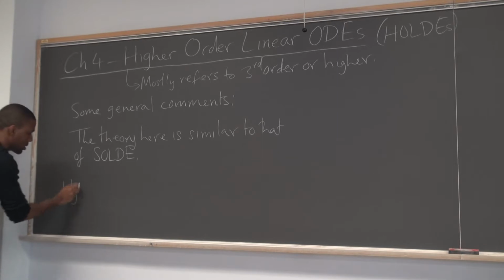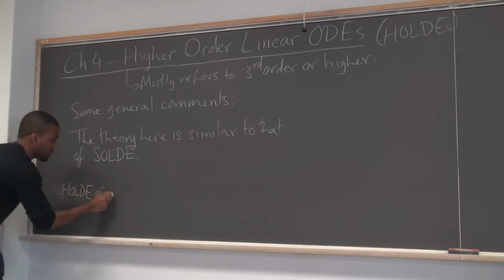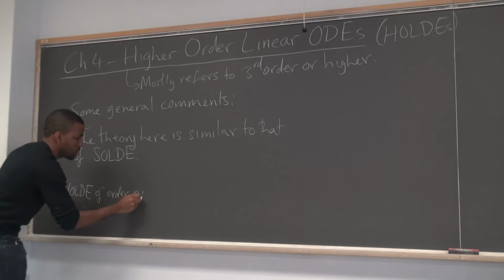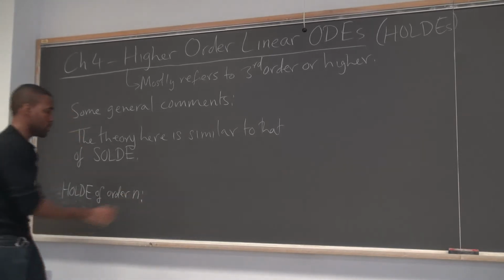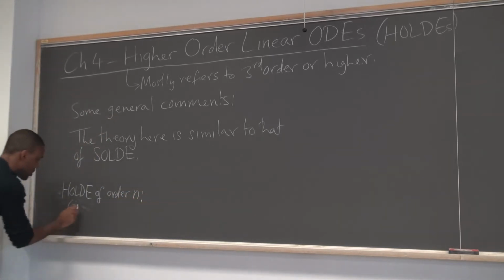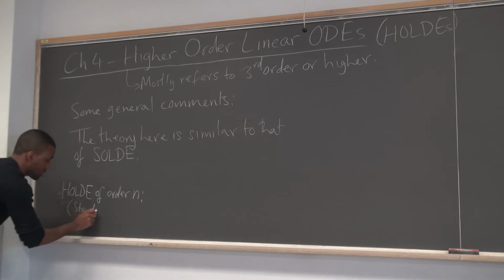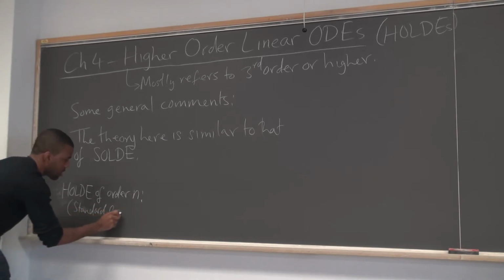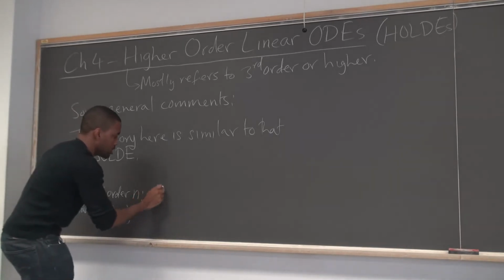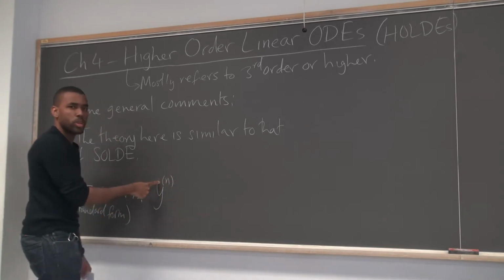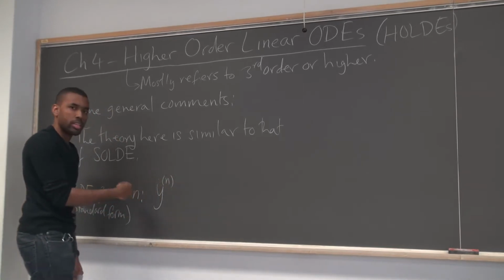Higher order, that's just of order n. So I'm just going to give you the general form, the standard form. This is y to the nth derivative. Remember, when you put things in a power in brackets like that, it means the derivative.